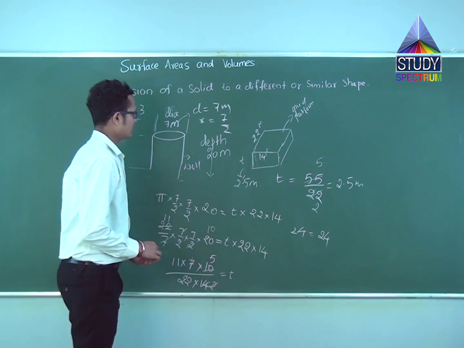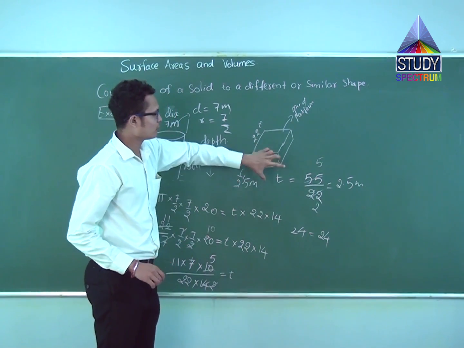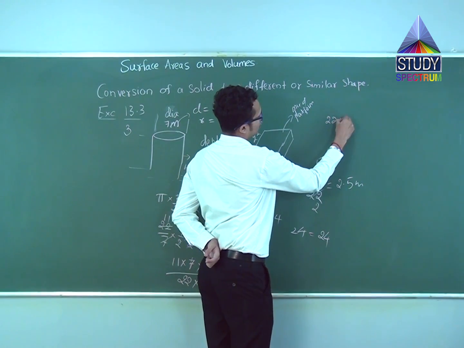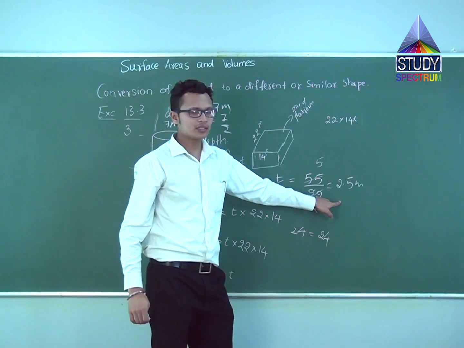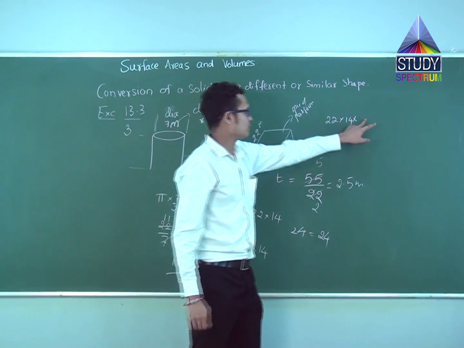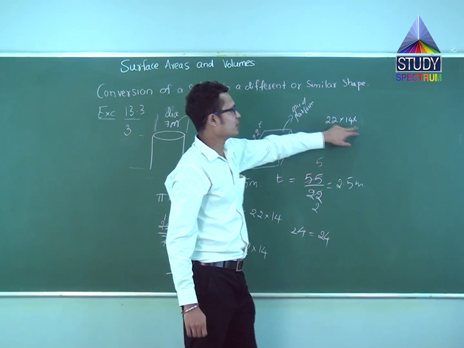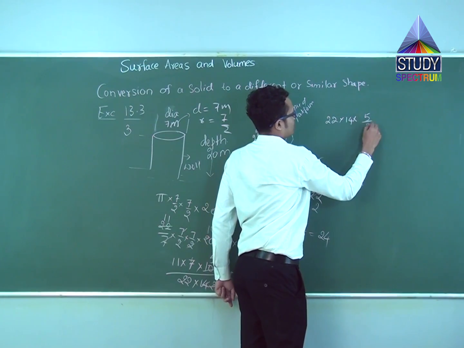We'll check now. 22 into 14 into 2.5 gives me volume of this mud platform. 22 into 14 into 2.5. Shall I write 5 by 2? Because it's convenient. I can cancel that 2 in the denominator with 14, or 14 divides 2 and also 22. So this is 5 by 2.